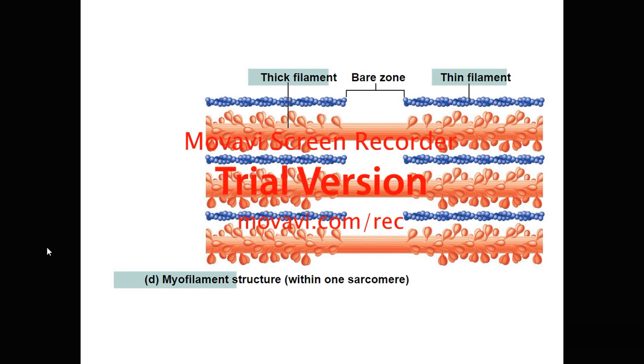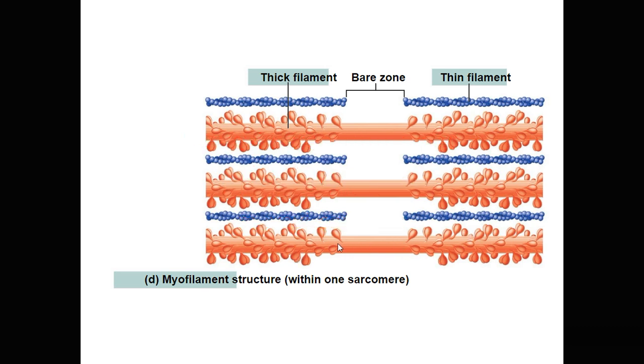And this is showing you again, in an A band, you have an entire thick filament, and then you have these overlapping thin filaments. And then you have this H zone, which is the bare zone, where it has no thin filaments.